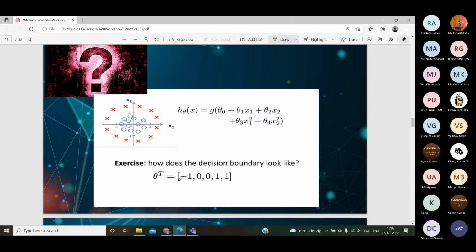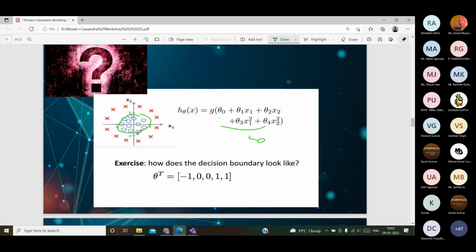You can see here, when we assign theta naught -1, theta 1 and theta 2 as 0, and theta 3 and theta 4 as 1 and 1, it makes a circle of radius 1. Whenever we put in the data points inside the circle, the value comes out less than 0, which means g of a value less than 0 is less than 0.5, so we get the negative class.